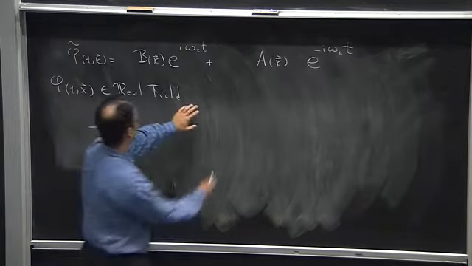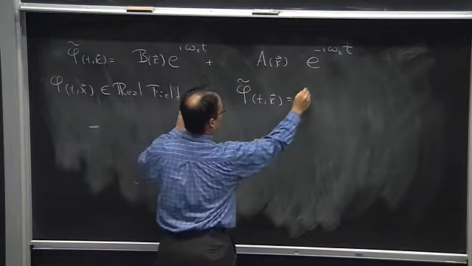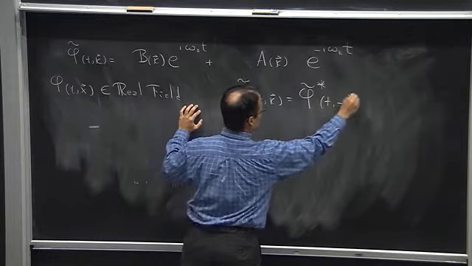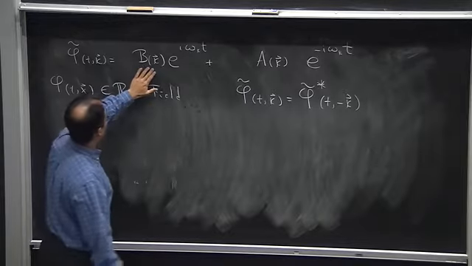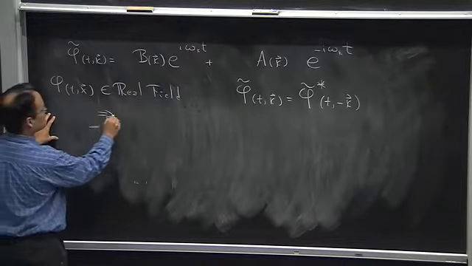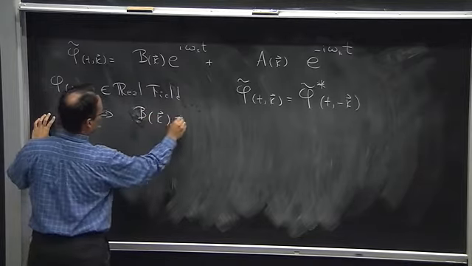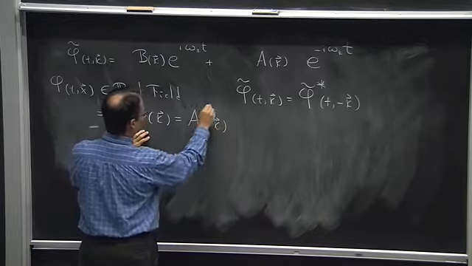That means, as we discussed yesterday, that this must be true, in order to ensure that the field is real. And therefore, we conclude that B of k must be equal to A of minus k conjugate.